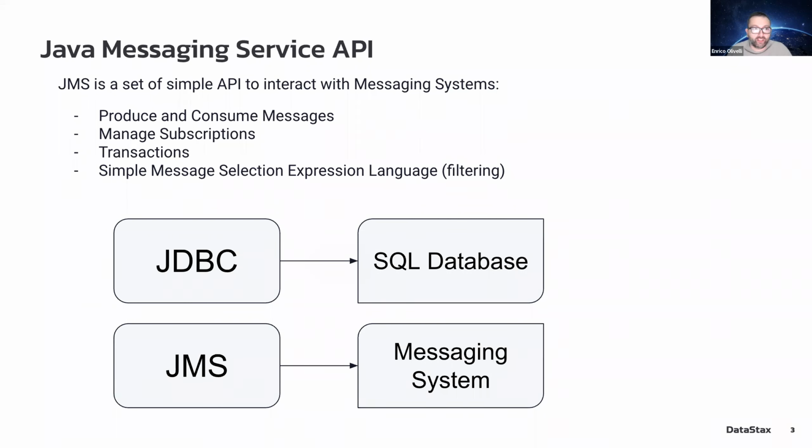With JMS, you can produce and consume messages, manage subscriptions, and deal with transactions. There is also a very simple language to filter the messages when you are consuming them. So it's only about APIs, not that big.